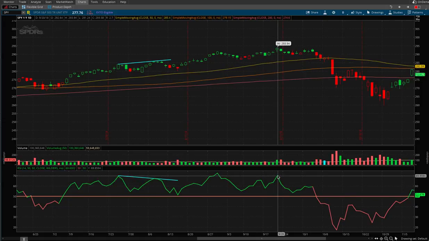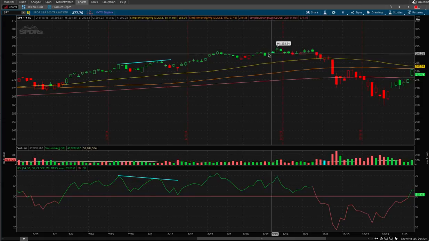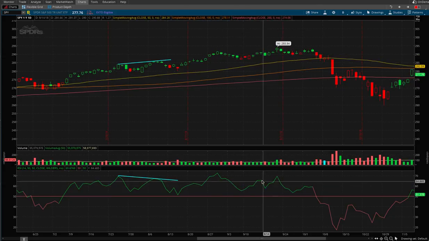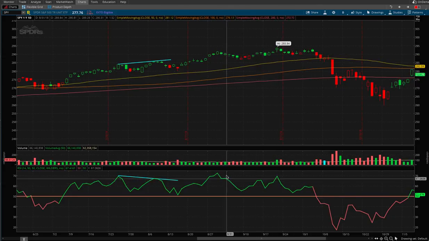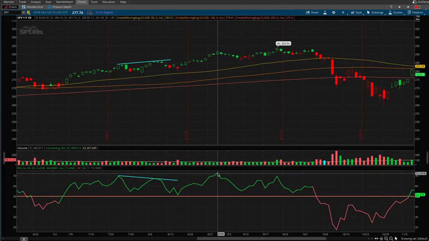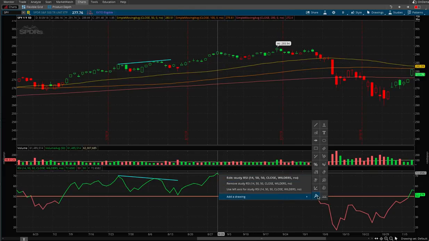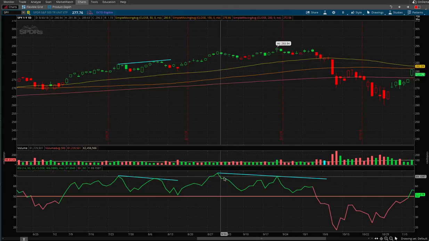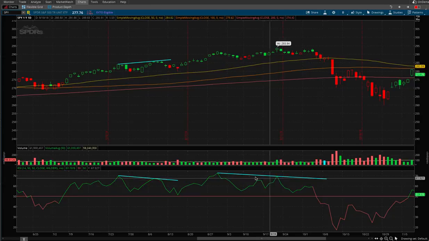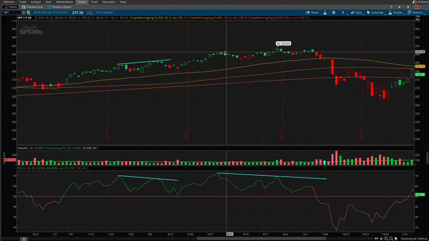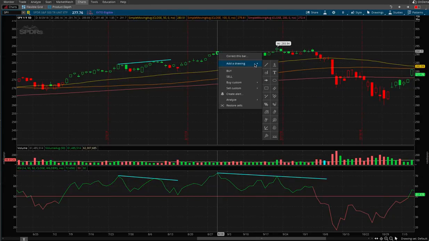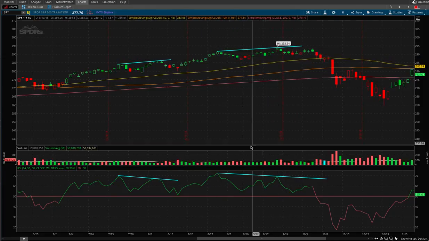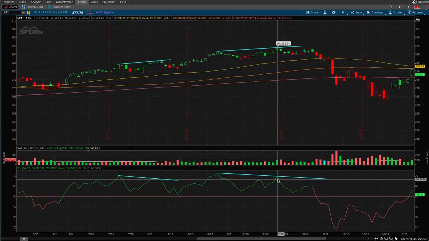We make a higher high than here, but we don't make a higher high than this one. So here is another divergence in the RSI versus the stock price, because we do make a higher high in the stock, and here we make a lower high on the RSI.